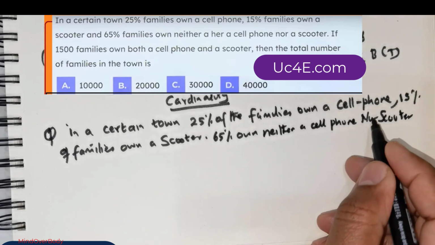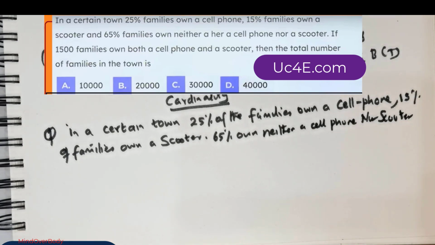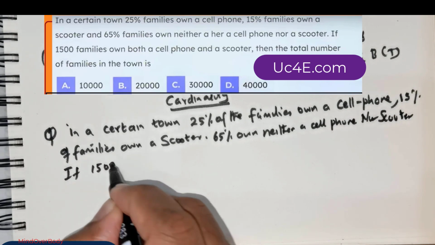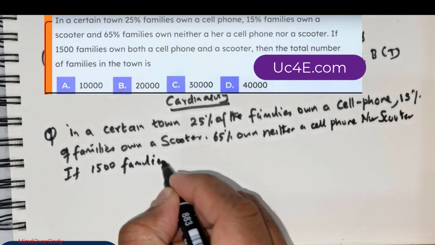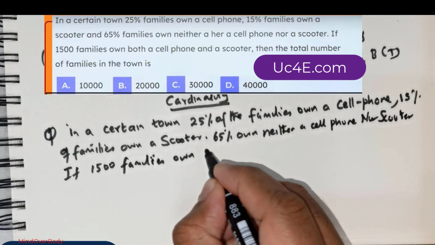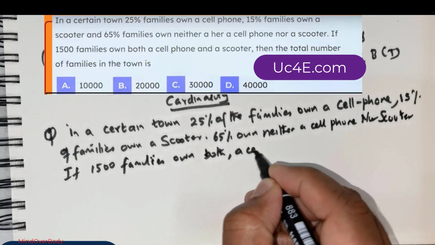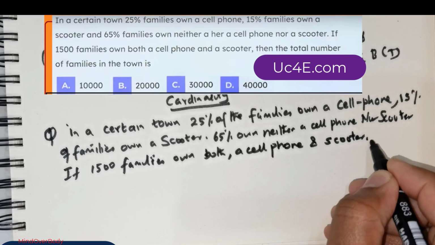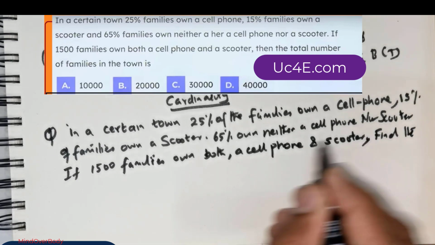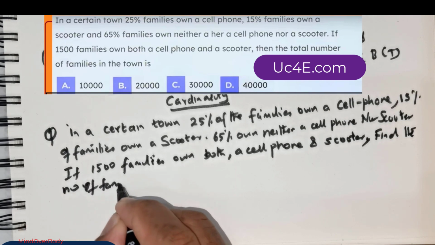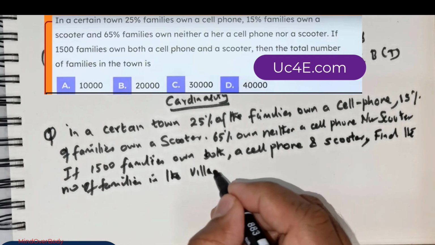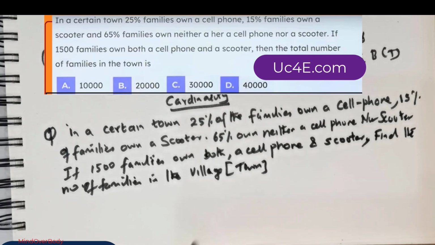Because these two things are the products which we are focusing on. Now it's also given that if 1500 families own both a cell phone and scooter, find the number of families in the village or in the town, right?